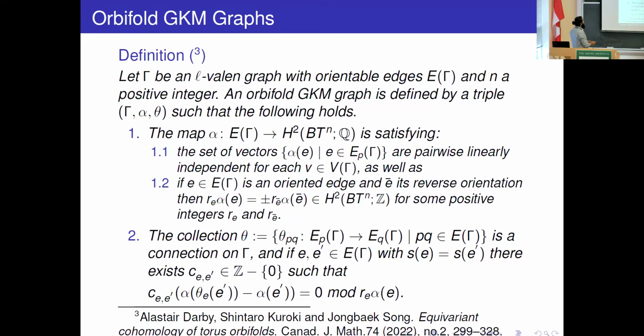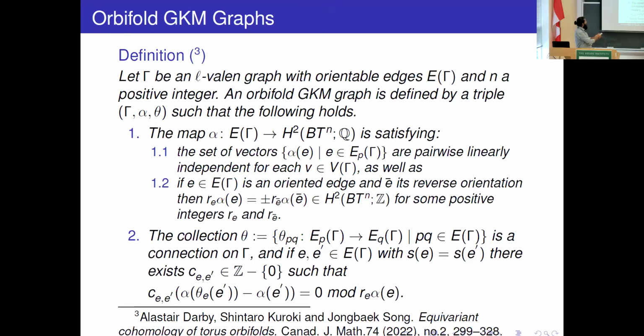Can I ask about condition 1.2? Actually, for the usual GKM condition, the axial functions for the opposite edges differ exactly by a sign, minus 1. Do you allow plus or minus 1 sign over there? They should be opposite. Actually, in most of the cases, the calculation I did came out with opposite sign.